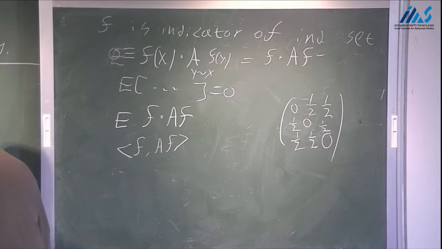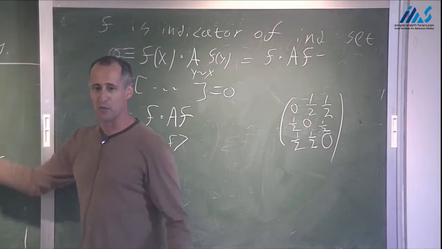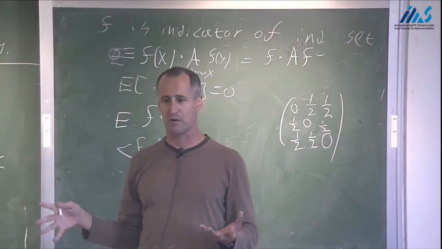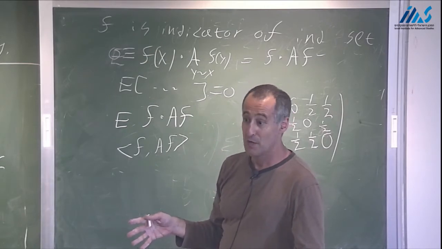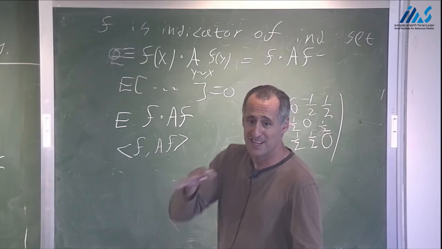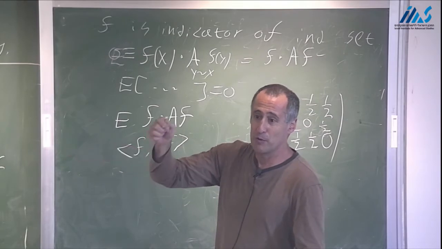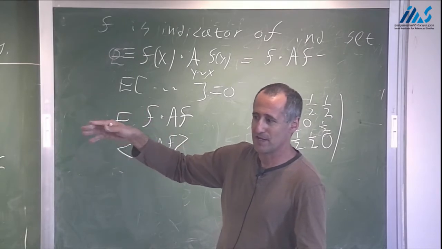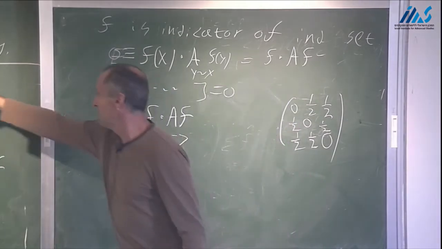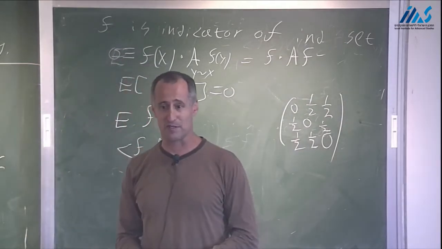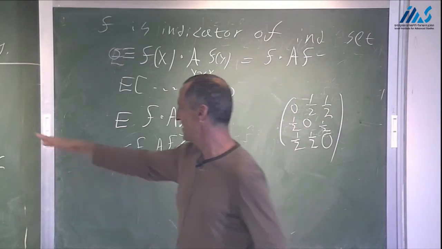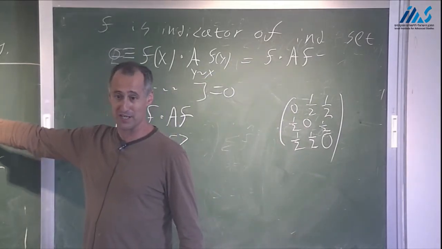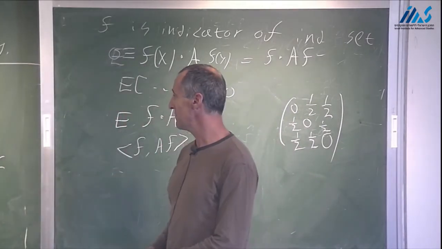Let's start with 1, 1, 1. When is the all ones vector an eigenvector of the adjacency matrix? When the graph is regular, because in every row you have a 1 for every neighbor of the vertex. So when you multiply by the all ones vector, you're just counting how many neighbors the vertex has. If you get the same answer for all the vertices, then the constant vector will be an eigenvector. So this works for regular graphs.